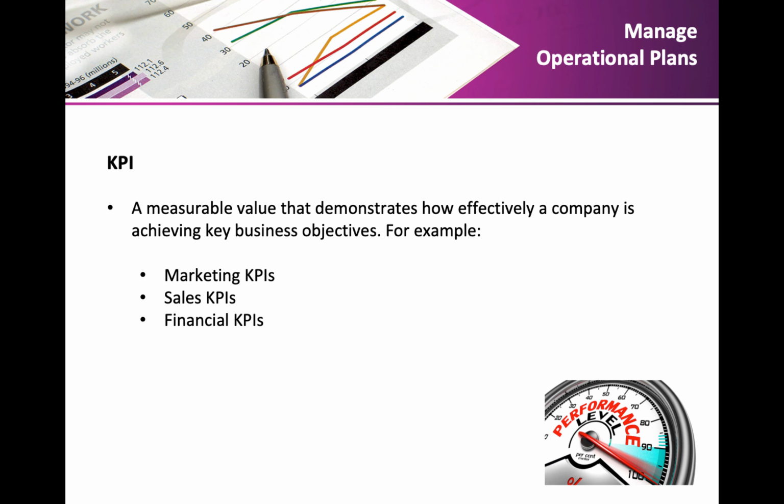And as we just read, they are always a measurable value. For example, if I say that I need to earn $10 million in the next 12 months, that's my KPI. Whether it is achievable or unachievable is a different argument, but it is a measurable value.